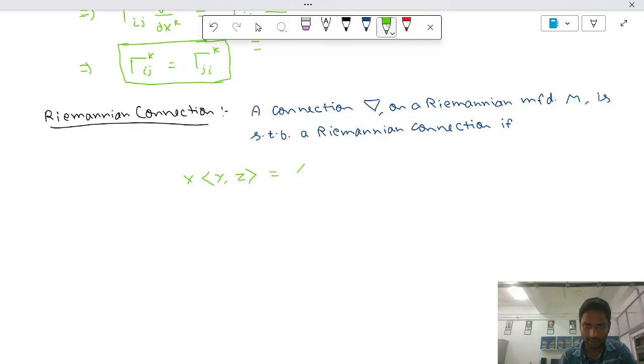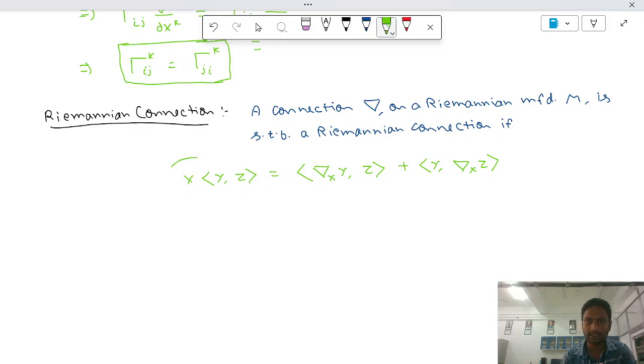This compatibility condition simply says nabla x y comma z plus y comma nabla x z. So you are simply taking the covariant derivative of the first slot, and then in the other case you are taking the covariant derivative of the second slot.